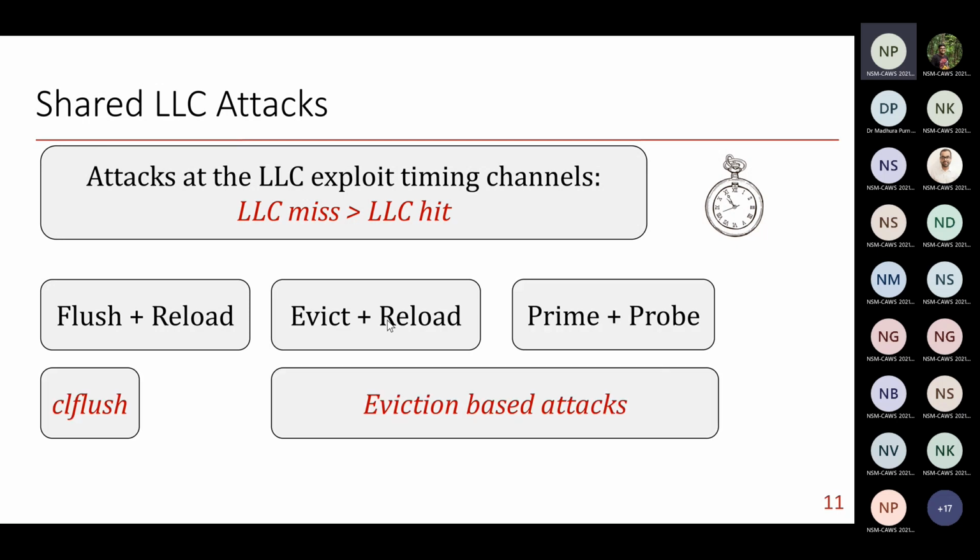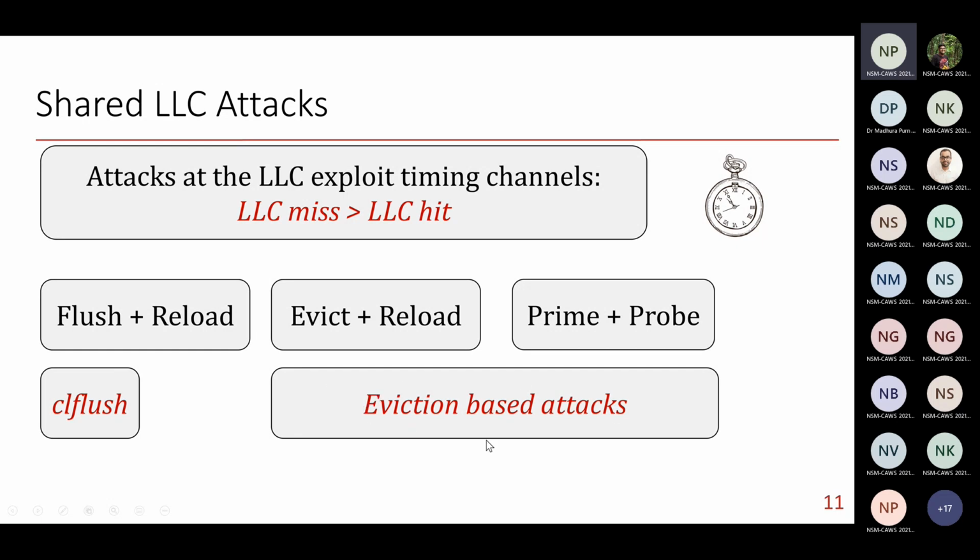So there are two categories of attacks. We already talked about this flush based attack at a high level. There are also eviction-based attacks. So if you remember my morning lecture on cache replacement policy, for a given set, whenever we get a miss, we start replacing or evicting that block, right? So eviction-based attacks are more practical.